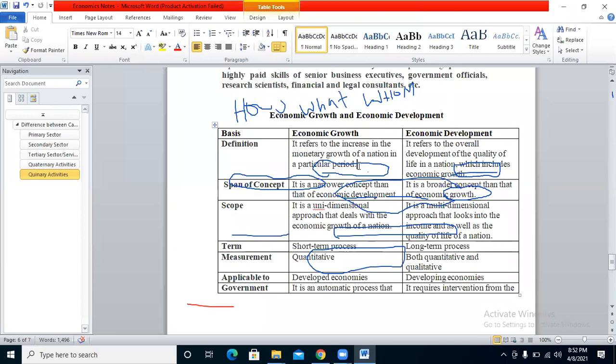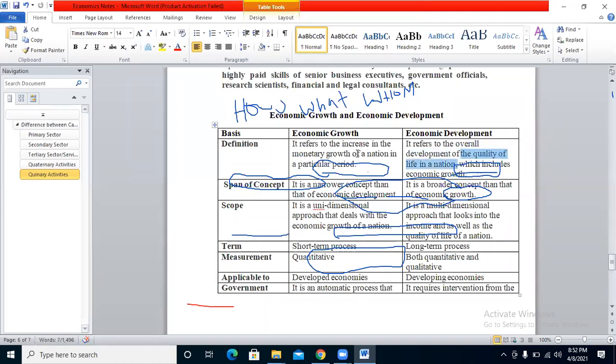This is a specific period involved in the economic growth process, while economic development refers to the overall development of the quality of the nation.